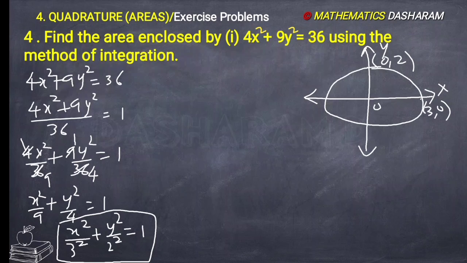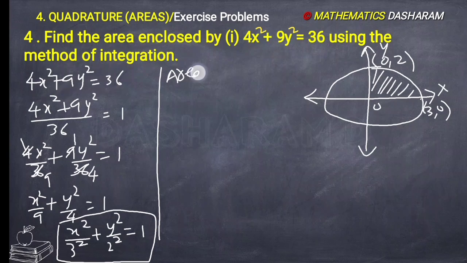So that is why the area of the ellipse equals 4 times the area of this portion. Why? Because we need the area of the total ellipse, and this total ellipse is divided into 4 equal areas.